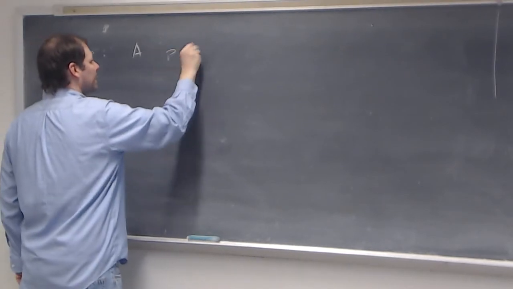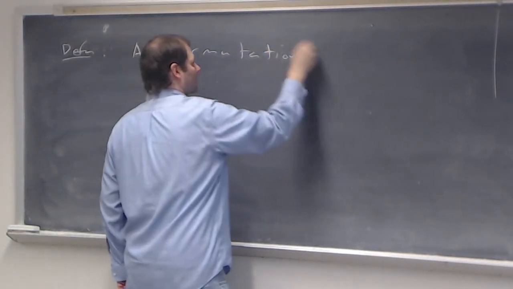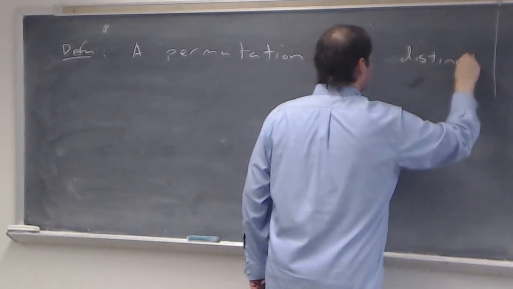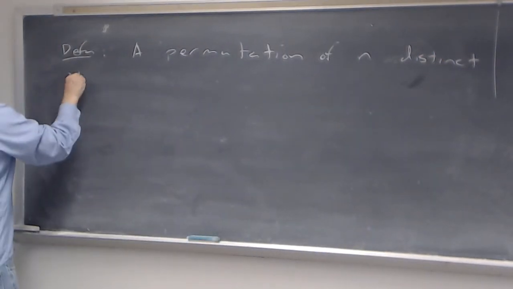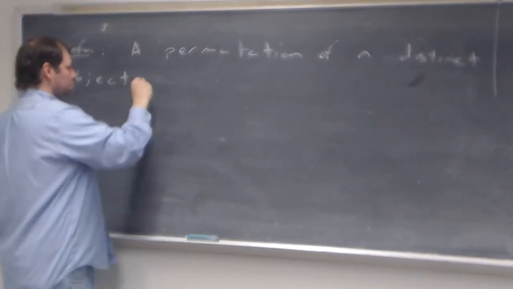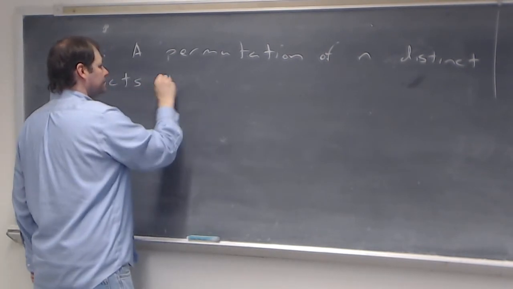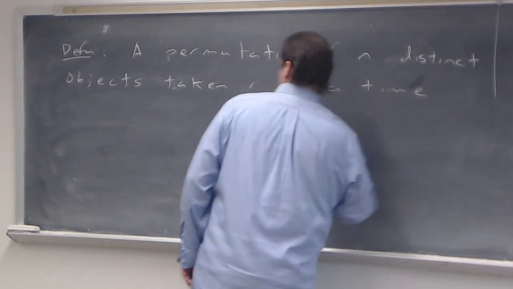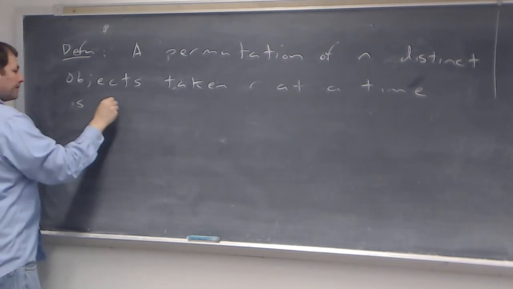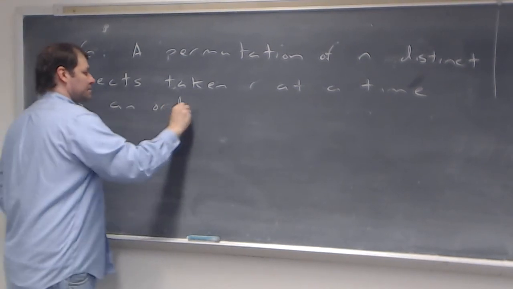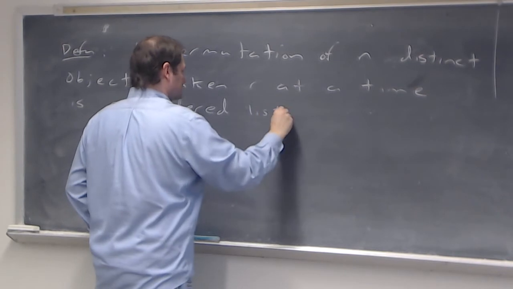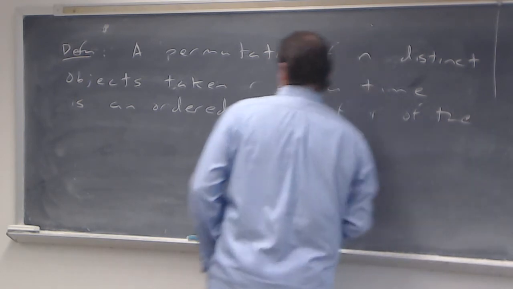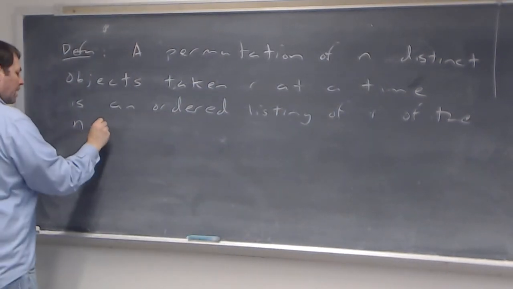So a permutation of n objects, n distinct objects, taken r at a time is an ordered listing of r of the n objects.